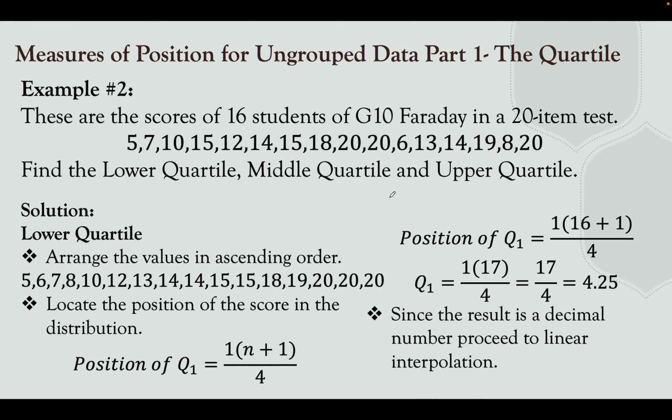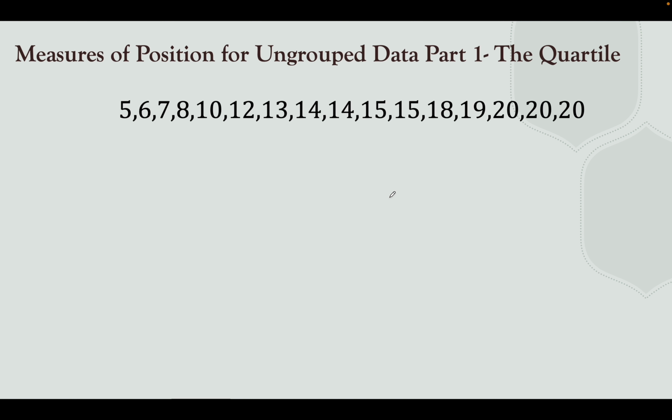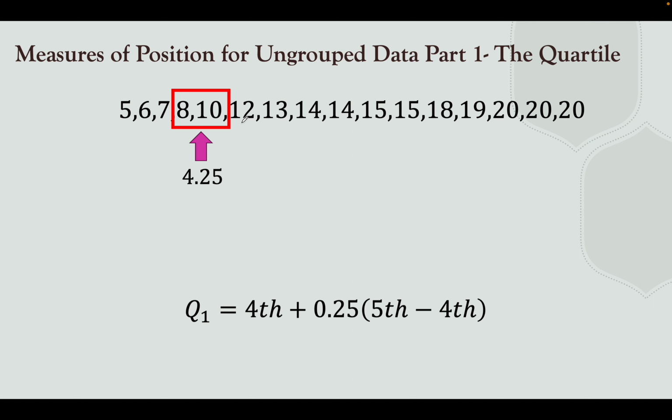Since the result is a decimal number, let's proceed to the linear interpolation. Here is the location of 4.25: 1, 2, 3, 4. So 4.25 is in between 8 and 10.